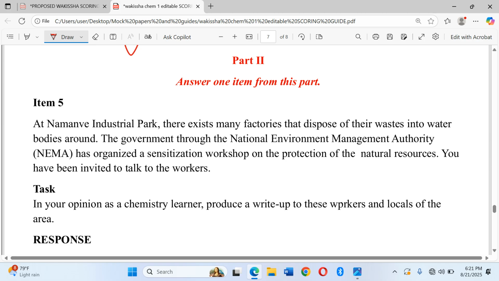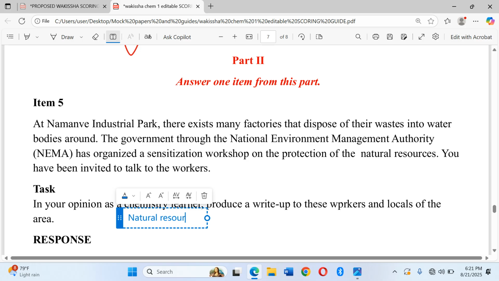So when you identify the natural resource, then we need to categorize it. In simple terms, for the natural resource we are talking about, we categorize it, we give the reason, and we also have the example. In simple terms, we are summarizing into CRE.